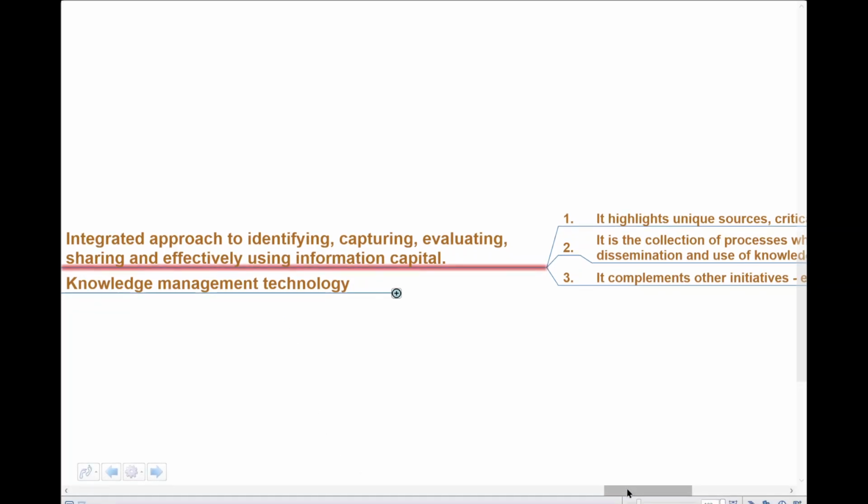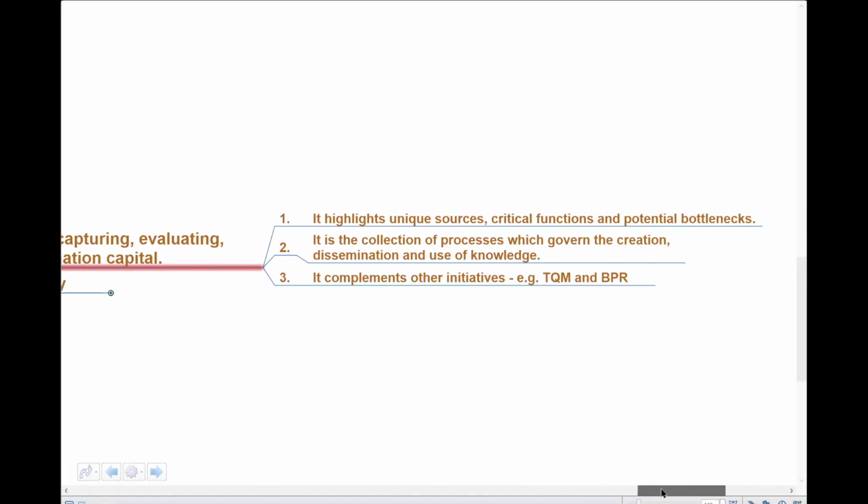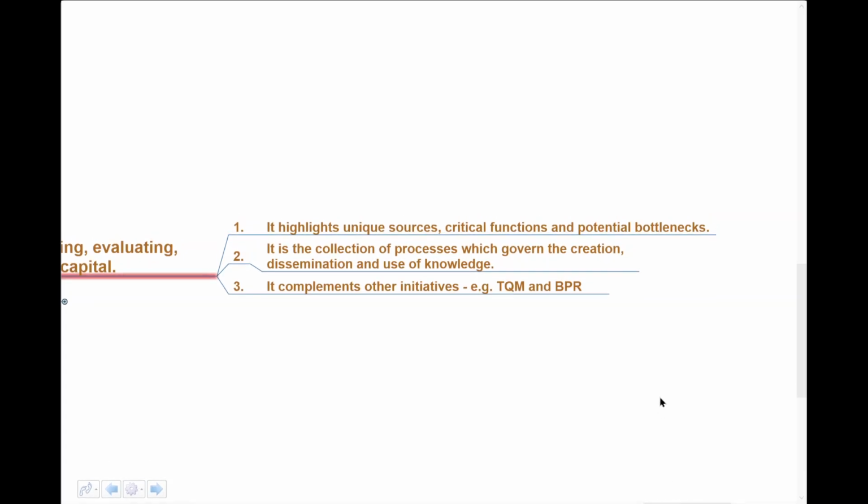Some other key points in relation to knowledge management. In effect, what knowledge management should do is identify the key sources and key areas of knowledge, critical functions, and potential bottlenecks within a business. In addition, it's a collection of processes that govern the creation, dissemination, and use of knowledge.